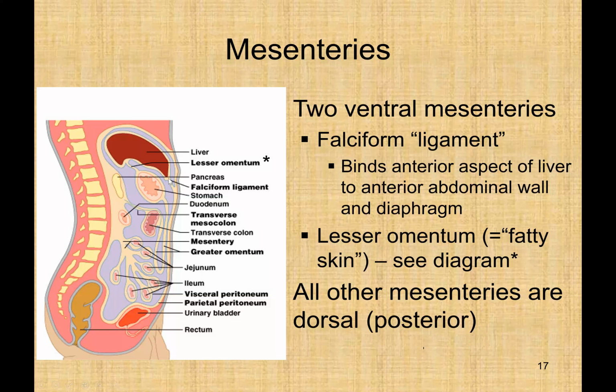And then we can see the falciform ligament. Actually, it's not a ligament, but we call it ligament because it attaches to the body wall. So the falciform ligament connects the liver to the external body wall. This is just to show a lateral view of the organs.